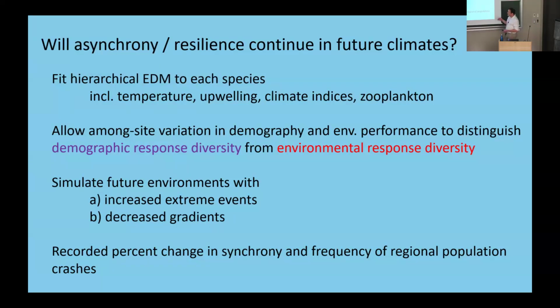And then he allowed for among-site variation in a way that's a little more general than what Tanya did, where he split it up so that there's the possibility of among-site variation in the response to past abundances, and then a separate hierarchy for response to the environmental drivers. So we're hoping to be able to separately estimate demographic response diversity or response to past abundances from environmental response diversity. And then we simulate future environments and ask what happens to predicted synchrony.